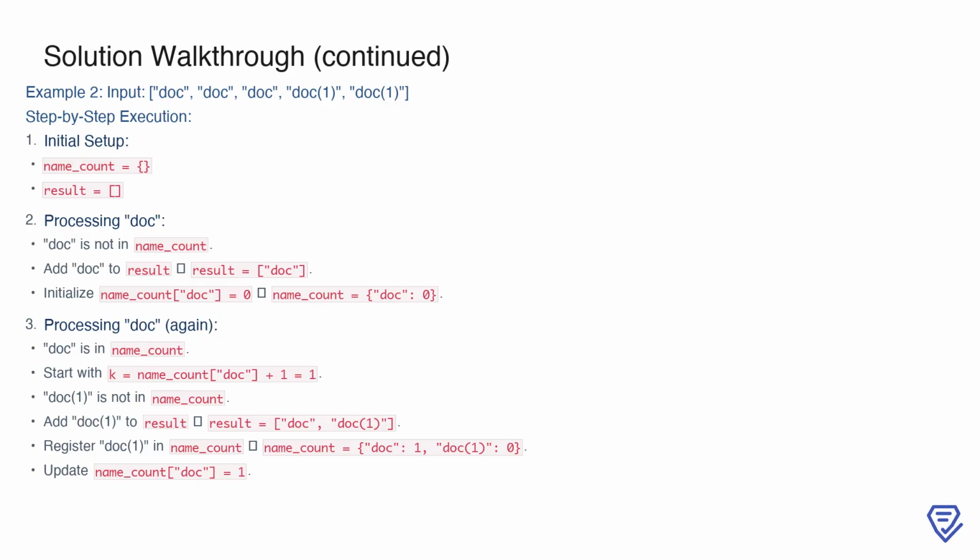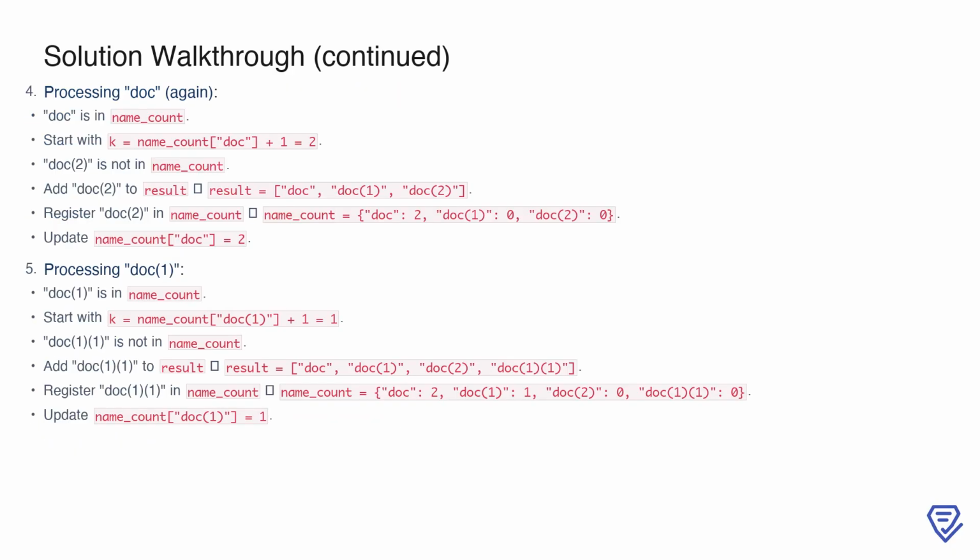The next string is also doc, which is already in name_count. We calculate k as 1, which is name_count[doc] plus 1. The name doc(1) does not yet exist in name_count, so we add it to result, updating it to doc, doc(1). We then register doc(1) in name_count and update name_count[doc] to 1 to reflect the new count of the base name.